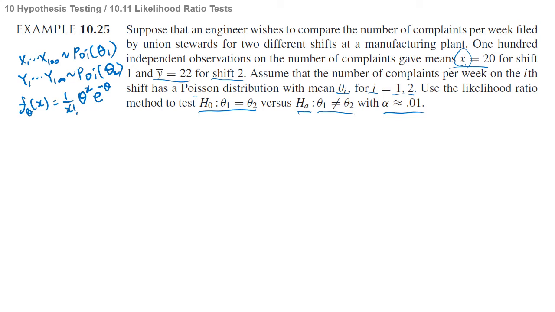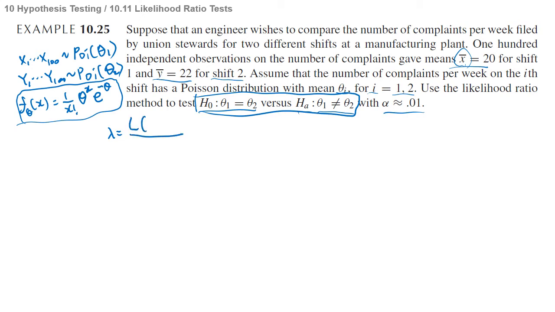This is the distribution function for the Poisson case, and here we want to do the test using the likelihood ratio test, and we have a large number of samples. So what we want is to calculate lambda, which is L of omega 0 hat divided by L of omega hat, and we want to use the result that minus 2 ln lambda follows a chi-square distribution with R0 minus R degrees of freedom.